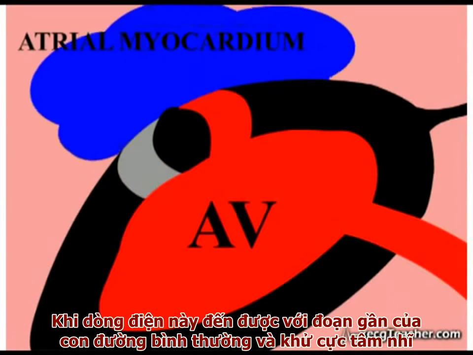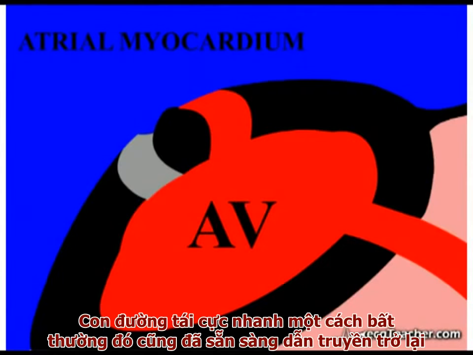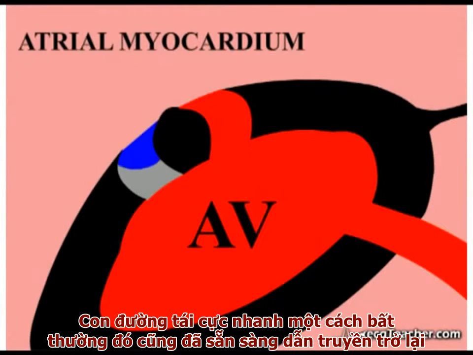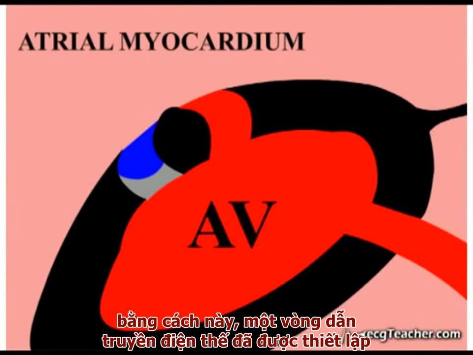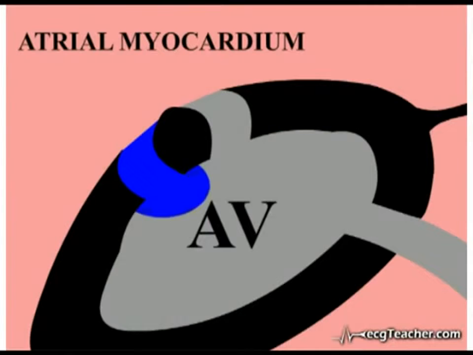By the time the current reaches the proximal end of the normal tract, the rapidly repolarizing diseased section is ready to conduct again. In this way, a cycle of circulating current is established.